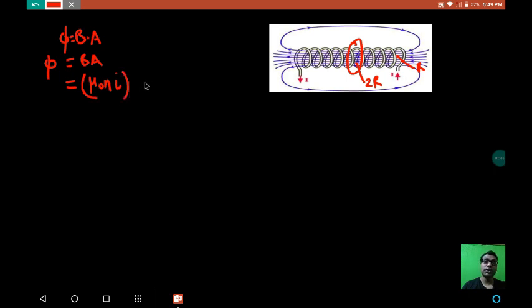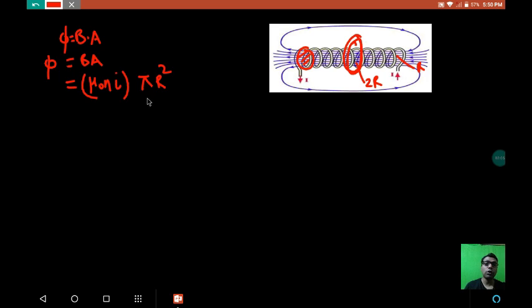What area should we put, the area of the ring or the area of the coil? Because the magnetic field outside the coil is 0, we put the area of the coil only, so pi r square.